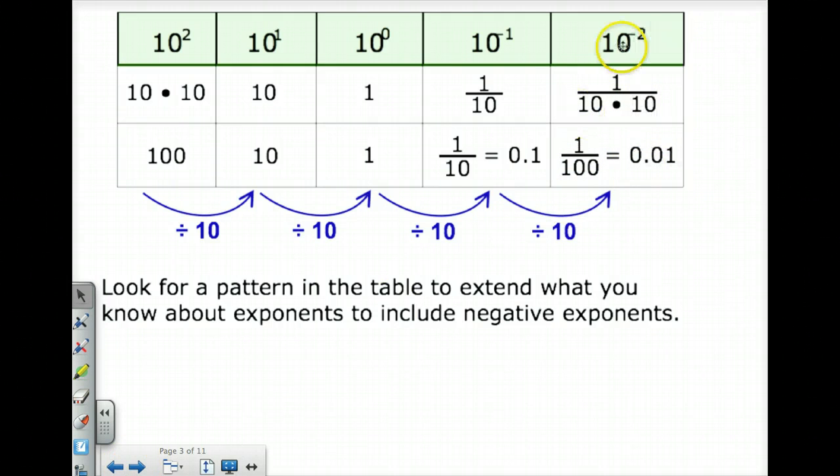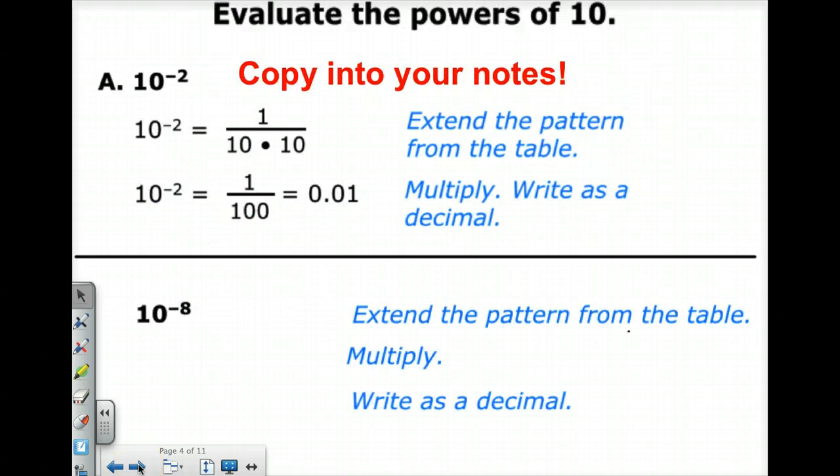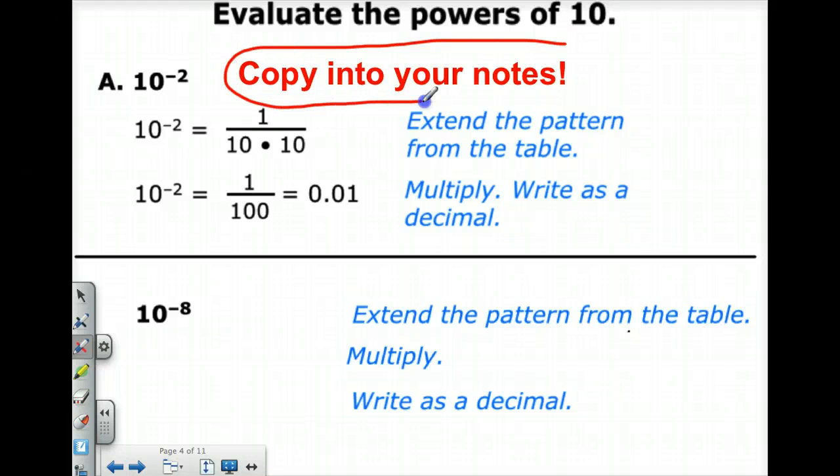So if we go ahead and move on to the next slide, I have the first problem already done for you. I want you to copy it into your notes, and I would even put down the steps that you need.